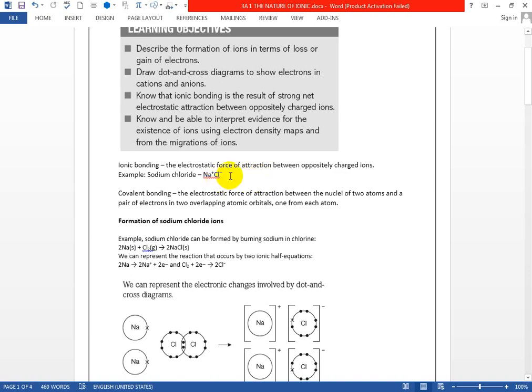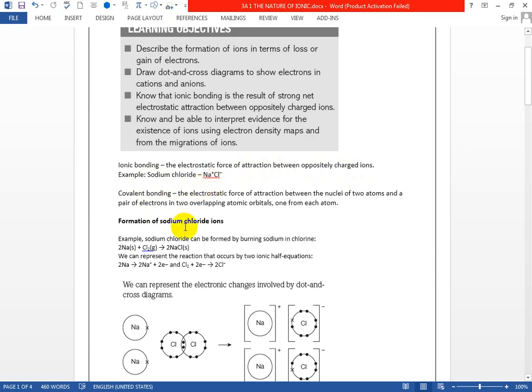All bonds are electrostatic attraction forces, between atoms, ions, electrons or nuclei. But in ionic bonding, it is the electrostatic attraction between oppositely charged ions, positive and negative. This is the ionic bonding between sodium ions and chloride ions.